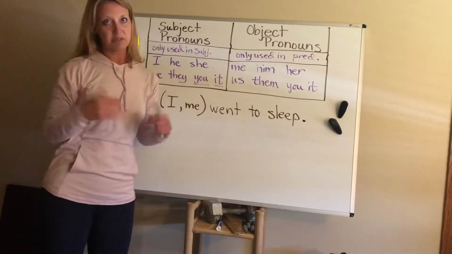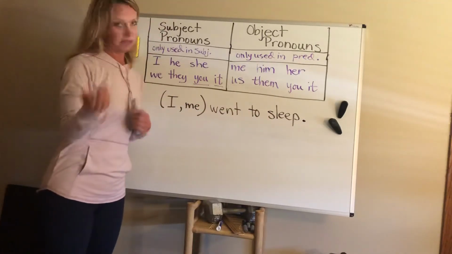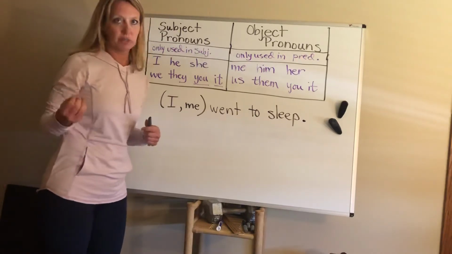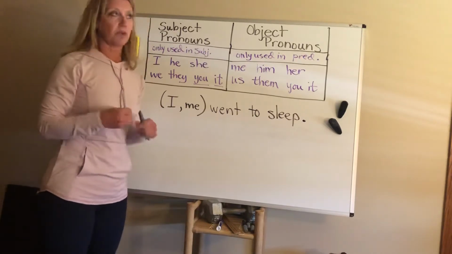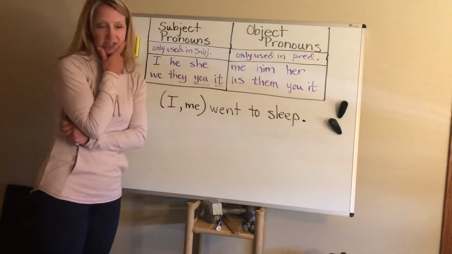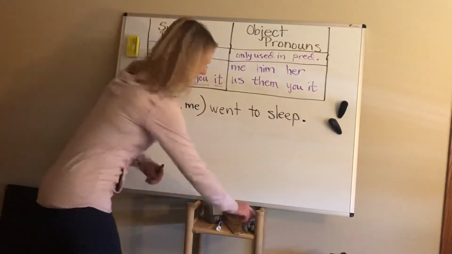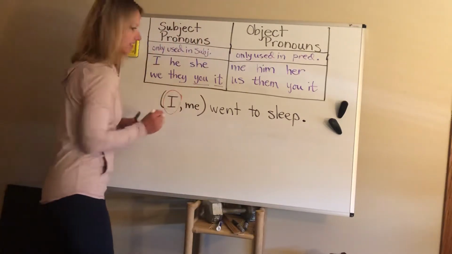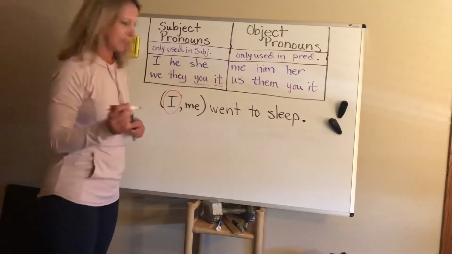Now, this seems kind of silly to you right now. This is going to be very easy because you can hear which is the correct word and which is not. So if I were to ask you, gee, what's the correct answer here for this pronoun? Every single one of you is going to say, it's the word I went to sleep.